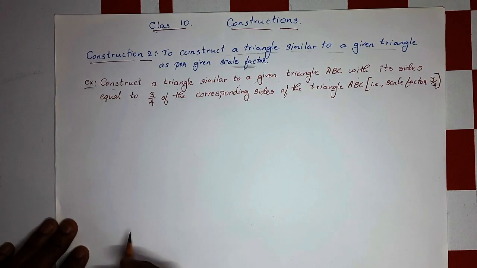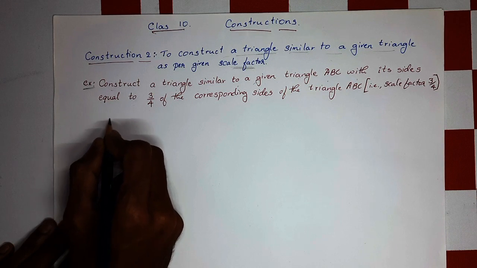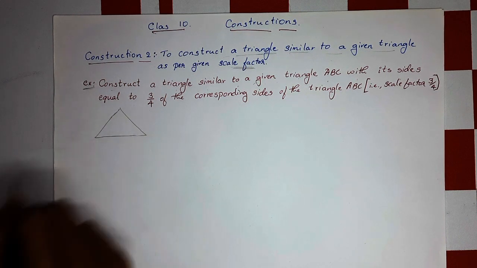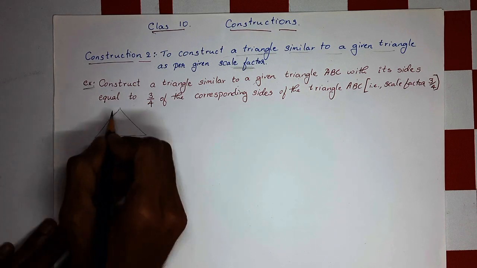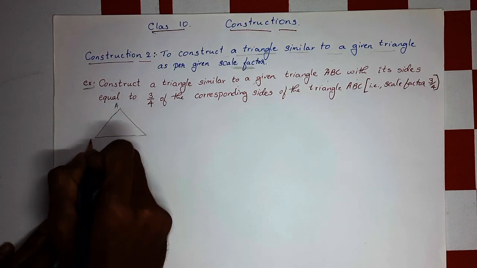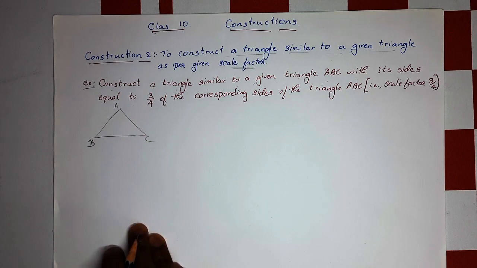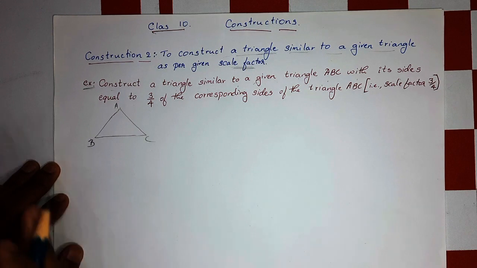What does it actually mean? The meaning is simple. We have one triangle here. I will draw a rough diagram for your understanding. This triangle is ABC, with vertices A, B and C. We have to draw one more triangle similar to this ABC.